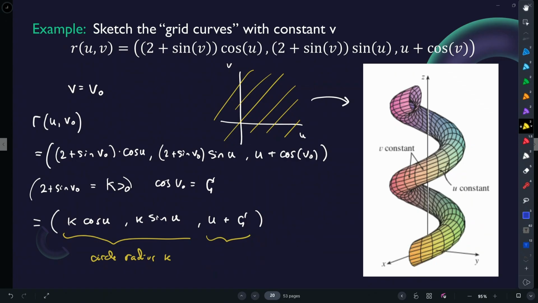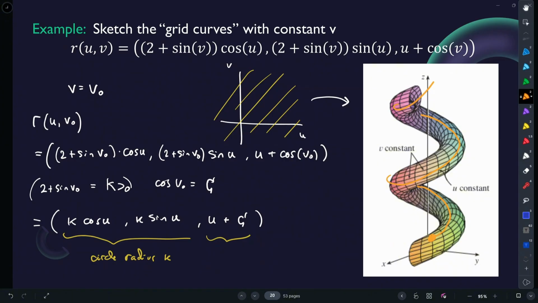So if you try to draw what is happening, it's going to start somewhere here, and then it's going to start going in circles and going up. What it does is follow a spiral. So you can see that with v constant, the grid curves are the spirals on the surface of the helix. Okay?